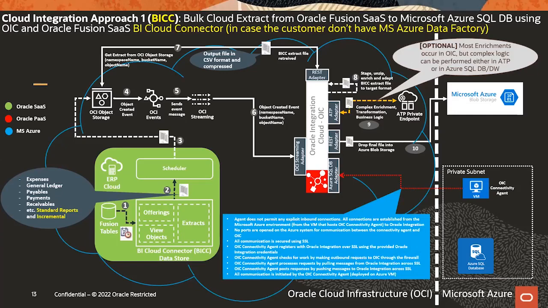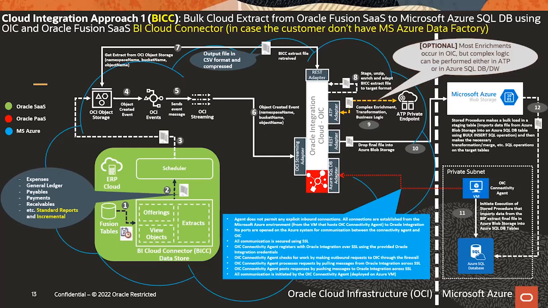So we could use the Microsoft SQL Server or Azure SQL Database Adapter in OIC, together with the OIC connectivity agent, to initiate the execution of this stored procedure. Basically, what the bulk insert procedure does in Azure SQL database or data warehouse is bulk load the information from blob storage directly into it.